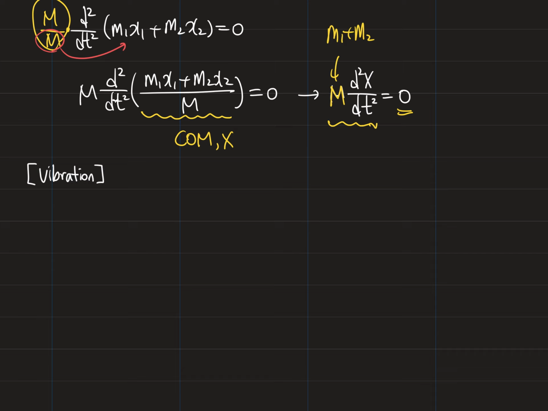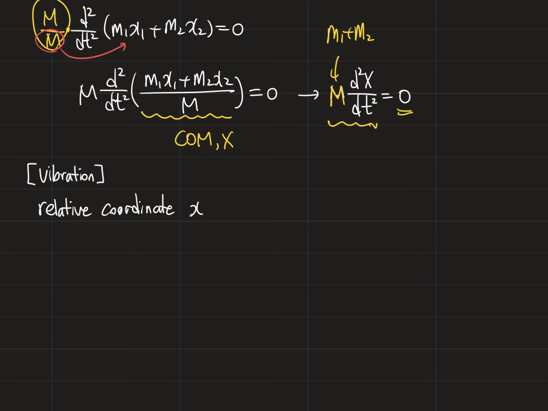To describe the internal motion, we define a relative coordinate x, which represents the deviation of the bond length from its equilibrium value.